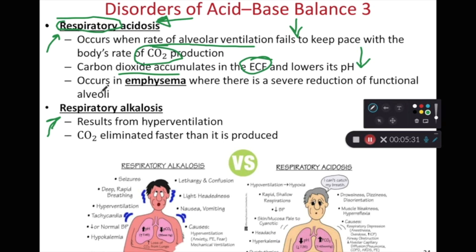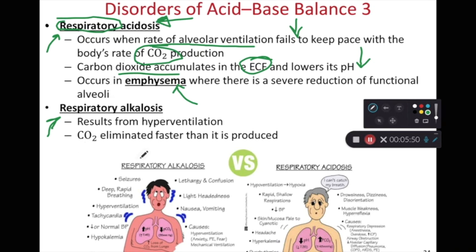This is very common if there's any kind of disorder that reduces our ability to breathe in and breathe out, any kind of COPD, restricted or obstructive disorder. A common example of that is emphysema, where we have very few functional alveoli in our lungs.